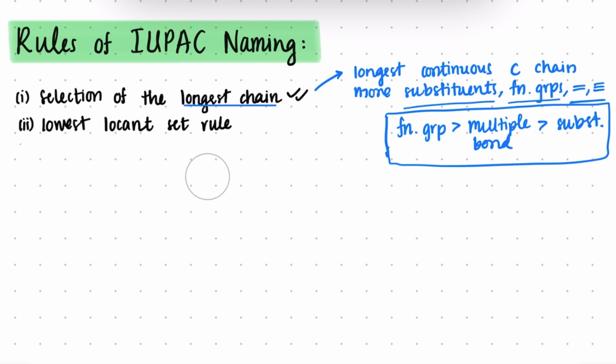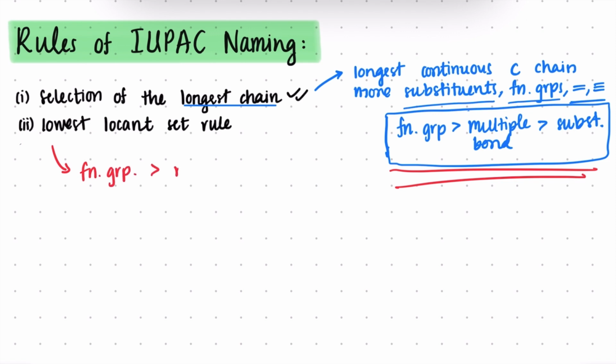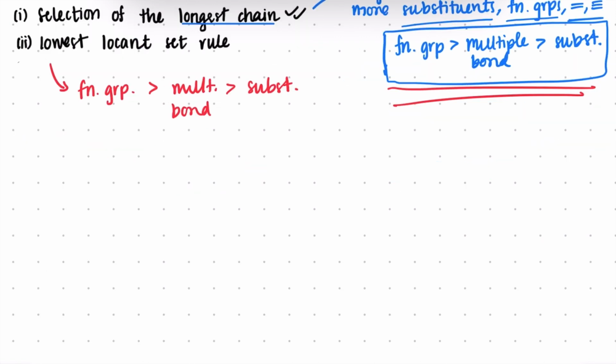Now, if we were to discuss how a locant is given to a chain, we usually look at the priority order that we have here. This same priority order, which is functional group, greater than multiple bond, greater than substituent, we look at when we're giving locants.